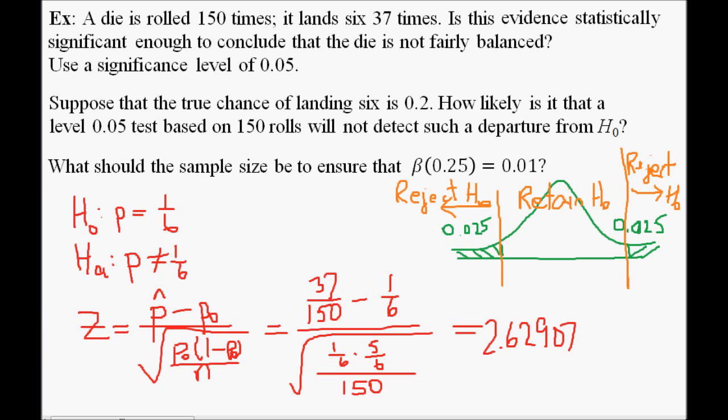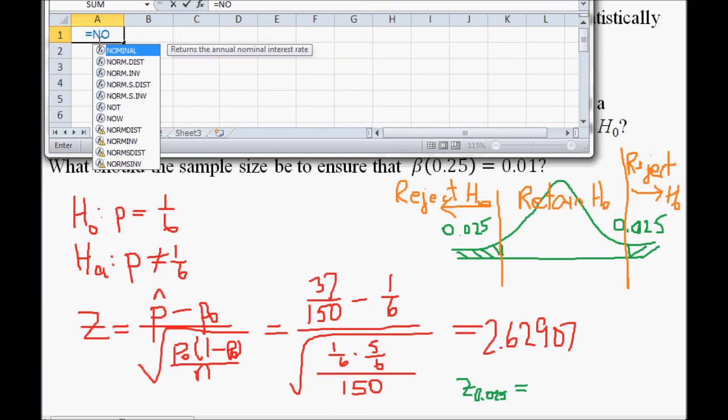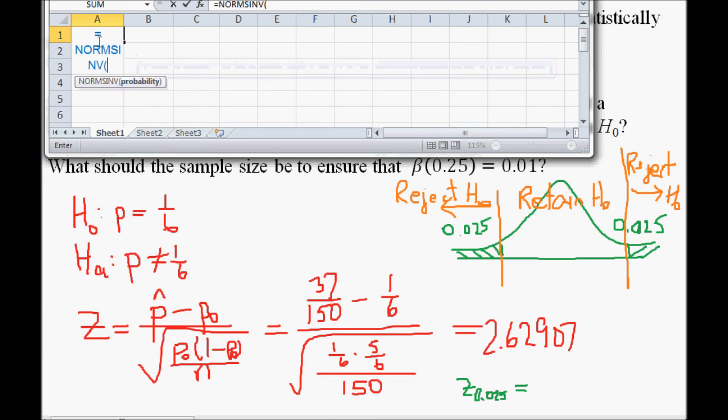Okay, so to make this determination, we need to figure out the cutoff value. The cutoff value, z critical, will be z of 0.025, so that 2.5% of the area lies to the right of the mark. So we find that with Excel or using a calculator. So NORM.S.INV of 0.975 gives us 1.95996.